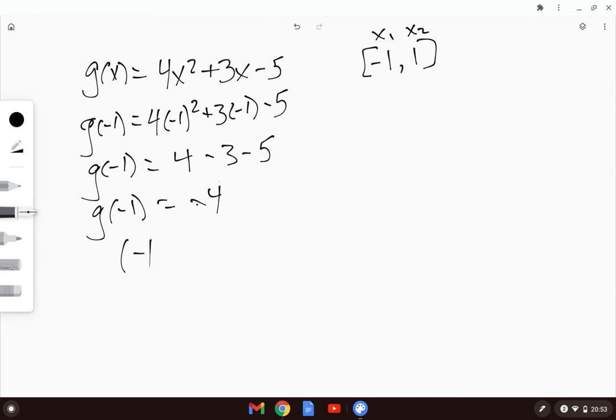Okay, so my ordered pair here is -1, -4. So that will be my x1 and my y1 for my slope formula and point slope form.